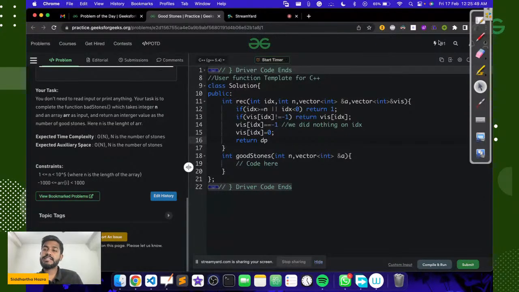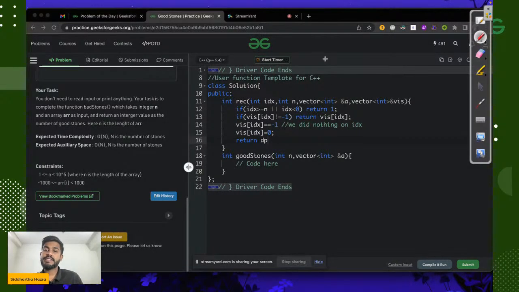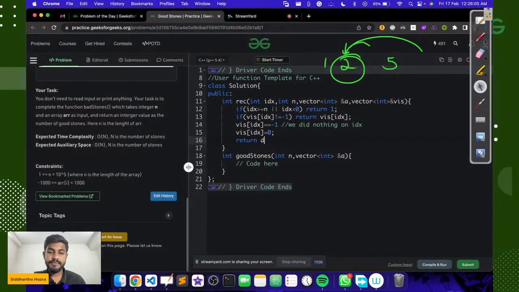Suppose we are saying 1 2 5. If we are jumping here, that means we need to move forward. Like if we are coming on 2, that means we need to take a jump of 2. So the answer would be rec of idx plus a of idx. Why? Because suppose this is just like a jumping jack.